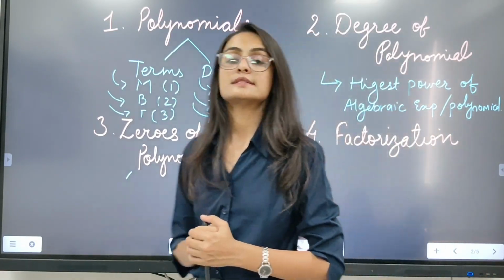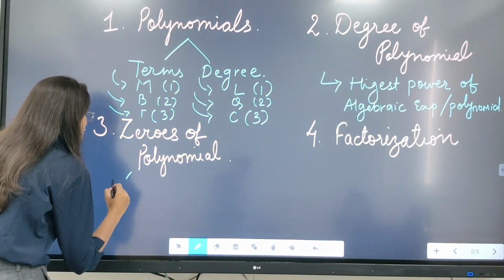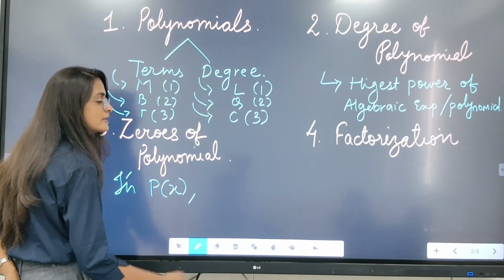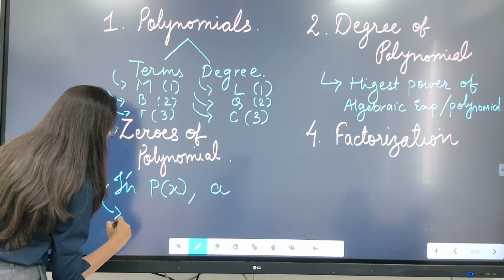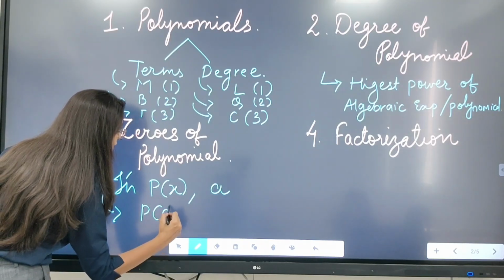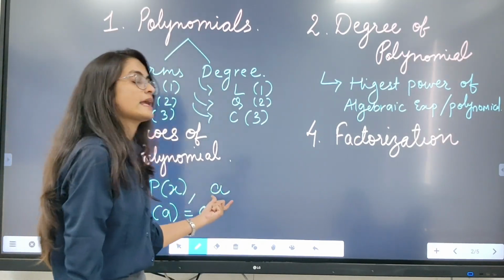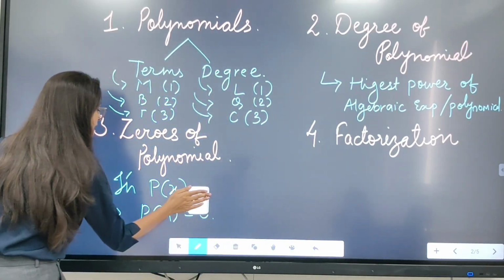Then we have the zeros of the polynomial. Let us take an example. First of all, in polynomial in the terms of x, if a is substituted in the polynomial such that p of a equals to 0, that means we can consider that a will be the zero of the polynomial. Right? I will be taking one example as well.